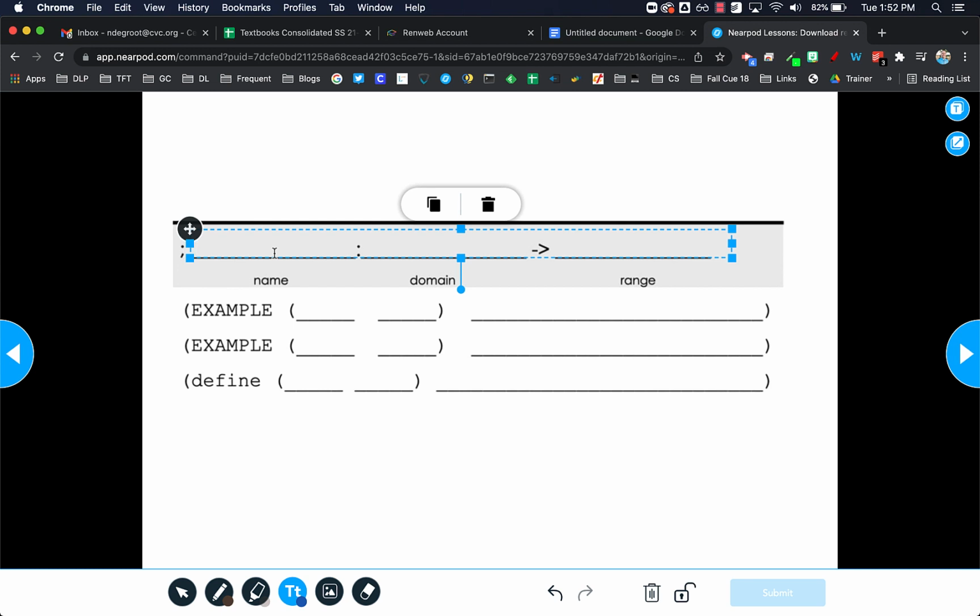And in this case, they told us the function name needs to be called BC. And the domain, the thing that it takes in, the directions told us that it takes in a number. And then it produces a circle, a blue circle. So that is going to give us back an image data type.